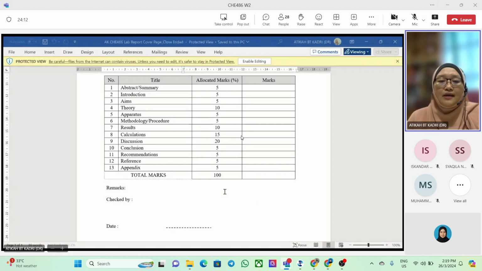So there are some differences in the amount of marks allocated between open-ended and close-ended reports.